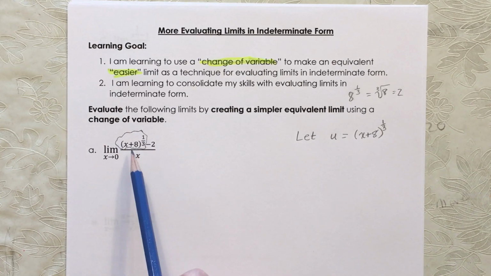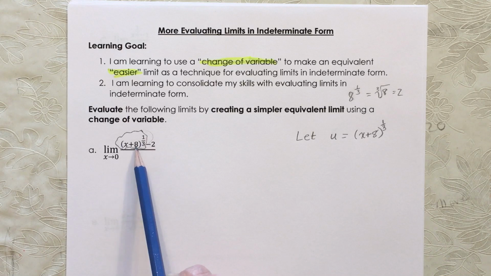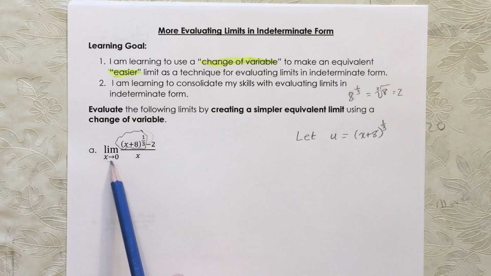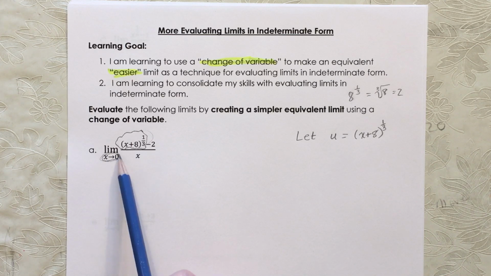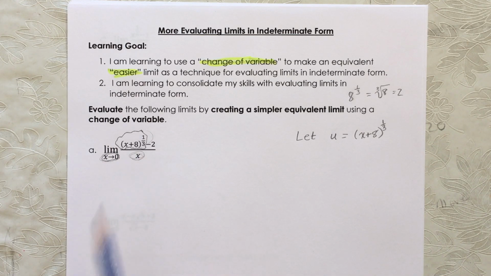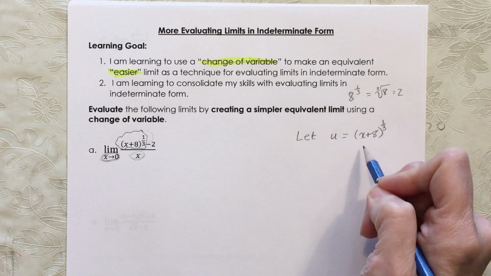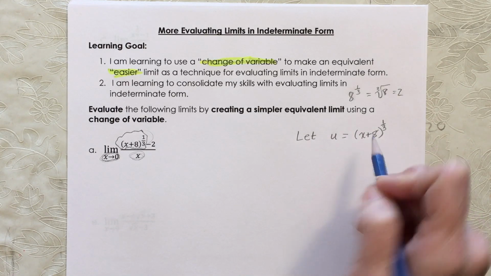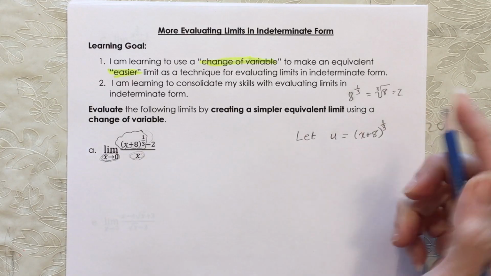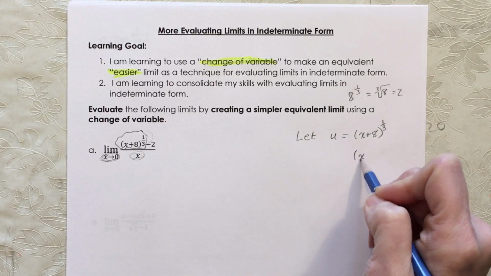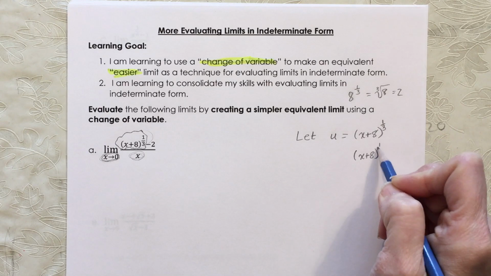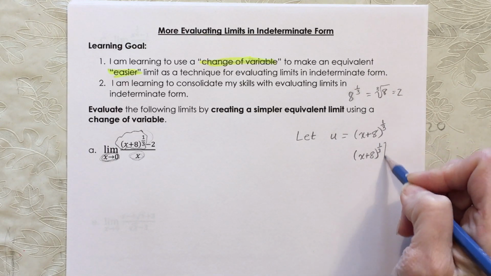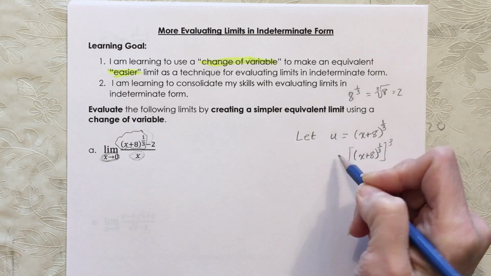So now I can replace this with u. But I have to make my whole limit in terms of u, so I have to replace this, x, with something in terms of u. If I want to get x by itself, I could put both sides to the power of 3.